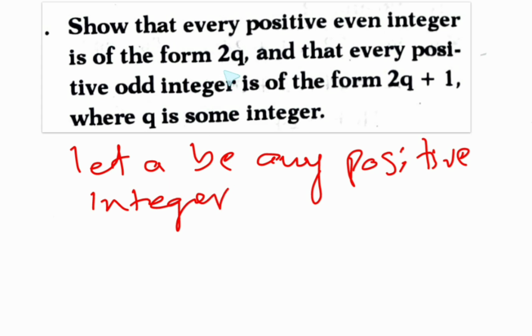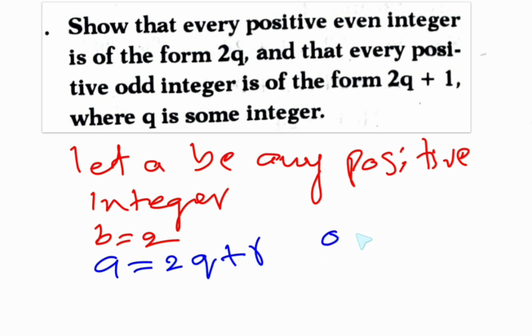Here 2q is given, that means b is equal to 2. The division algorithm is a equals 2q plus r, where r lies between 0 and b, that is 0 less than or equal to r less than b.